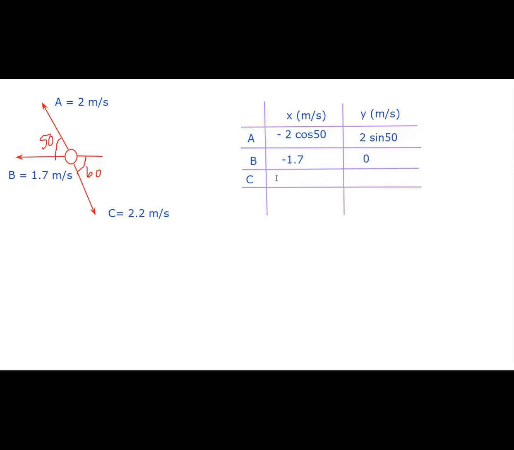And then C is positive X, 2.2 cosine 60. And we have a negative Y, -2.2 sine of 60. Our goal is to find the components of R. So we're just going to mathematically sum up these numbers.